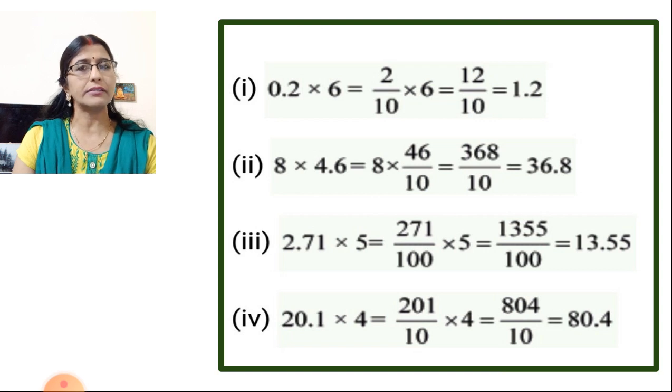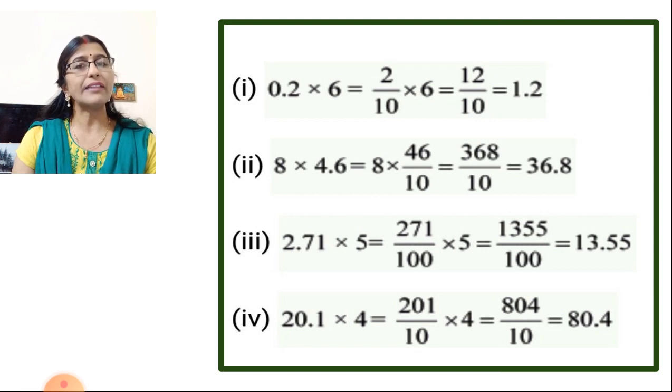So 1 into 10 will be 10. Anything multiplied by 1 is the same number. So you will get 2 upon 10, and the next number is 6. So you are going to multiply 2 upon 10 by 6. Now here you can see 2 sixes are 12 is written in the next step, and in the denominator 10 is there, so we'll write 10 only. Now 12 divided by 10. When you divide by 10, here you can see 10 has 1 0.